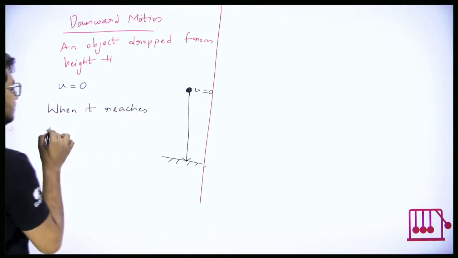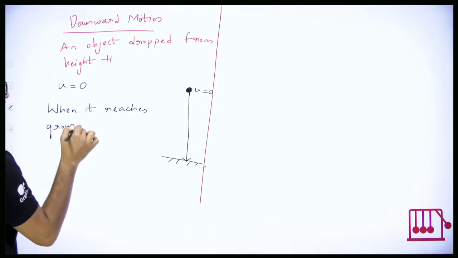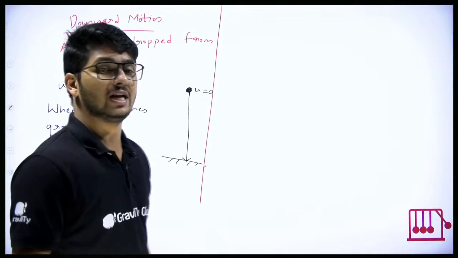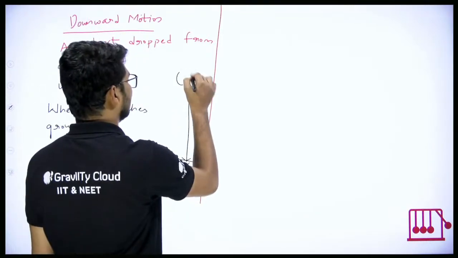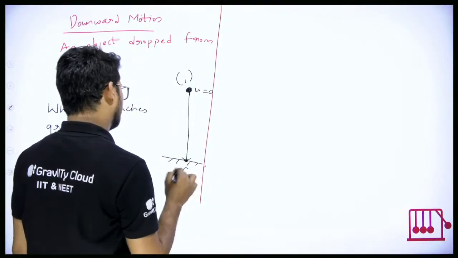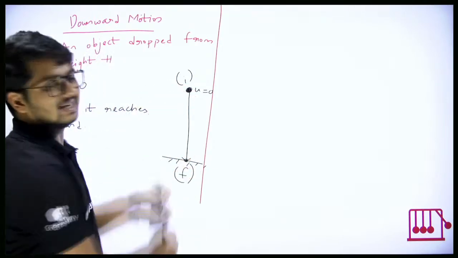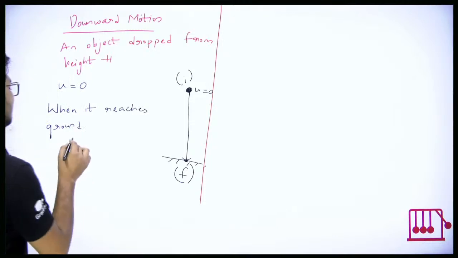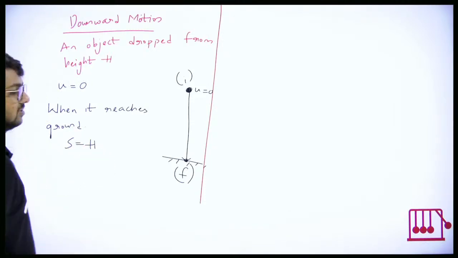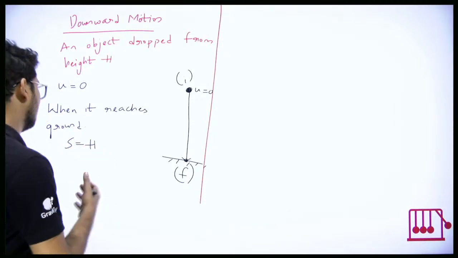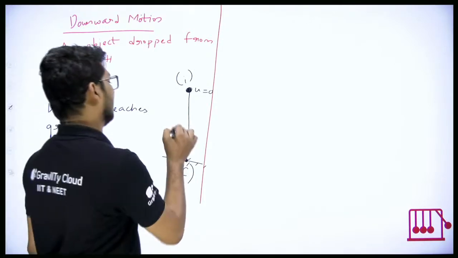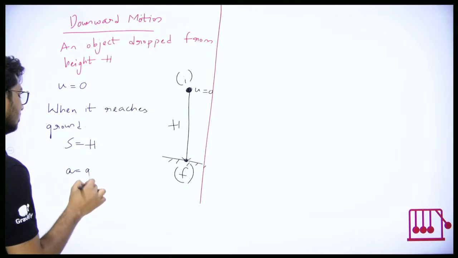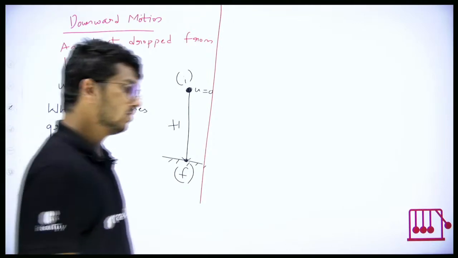And when it reaches the ground, what is the displacement? Displacement is the length of the line joining the initial and the final point. This here is the initial point, this here is the final point. So this length is the displacement, but that length itself is the height. So s is equal to capital H. The acceleration is downwards, velocity is downwards, so acceleration is positive, a is equal to g.